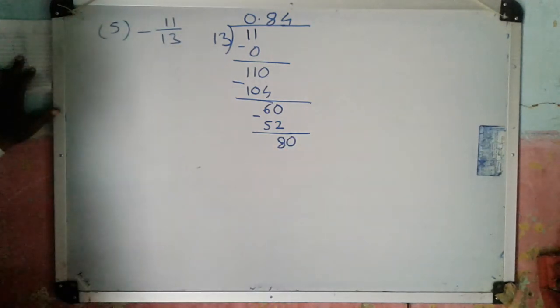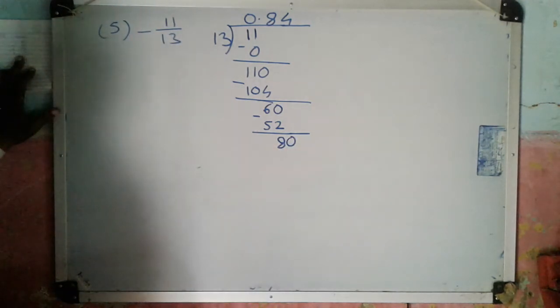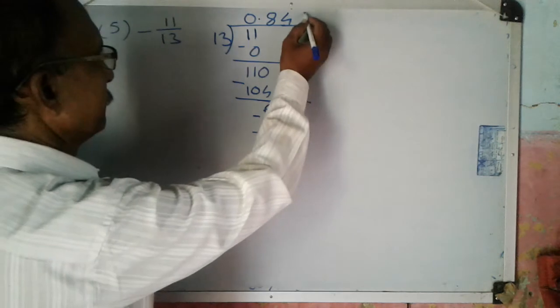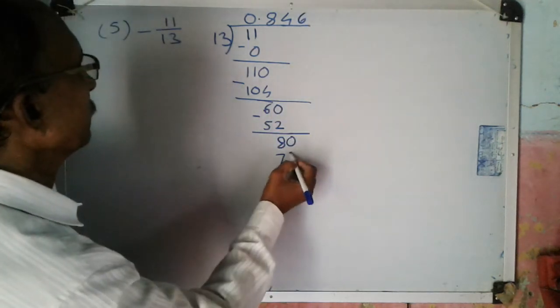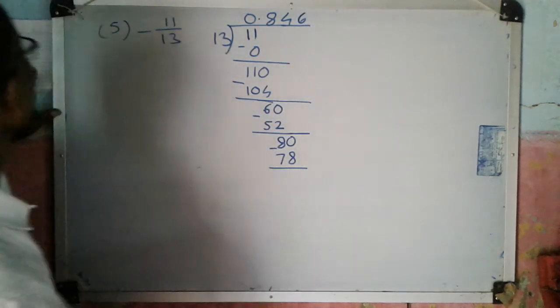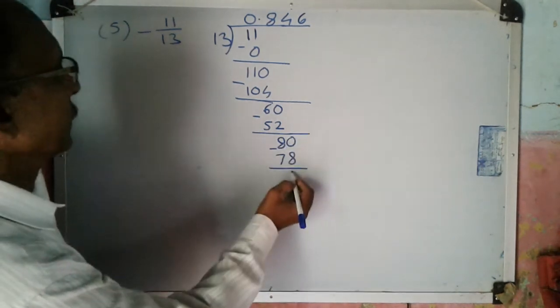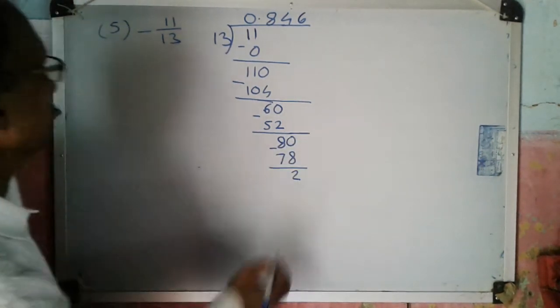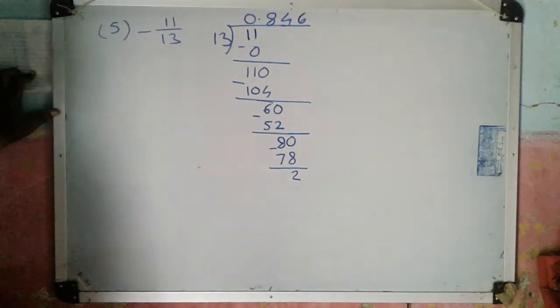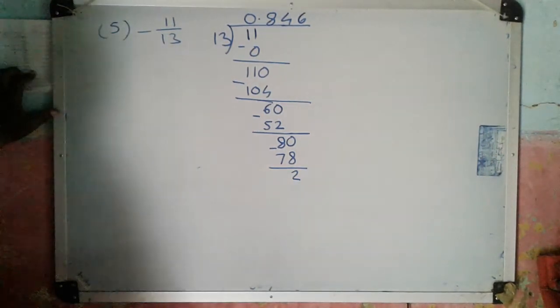We get 80. Now 13 1s are 13, 13 2s are 26, 13 3s are 39, 13 4s are 52, 13 5s are 65 and 13 6s are 78. So here 80 minus 78, the remainder is 2. Okay, now take 0 here.